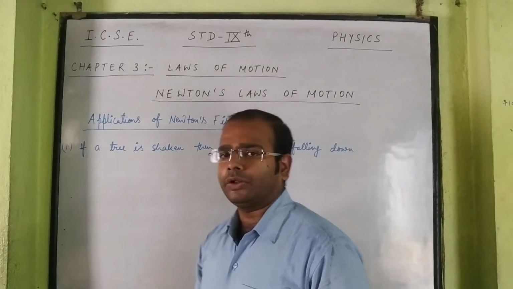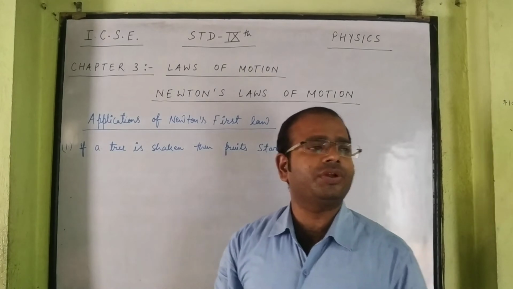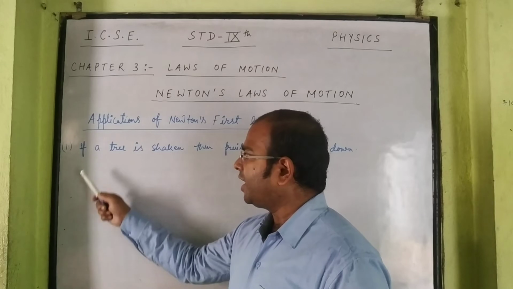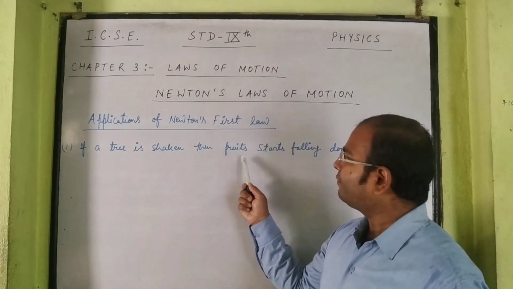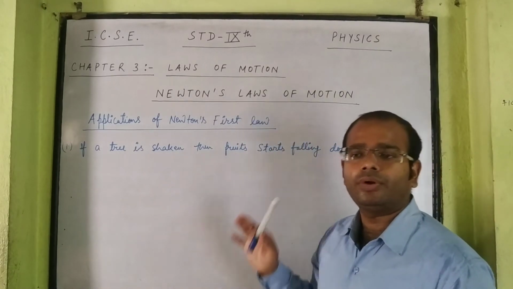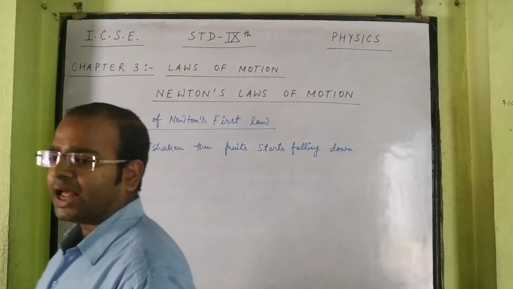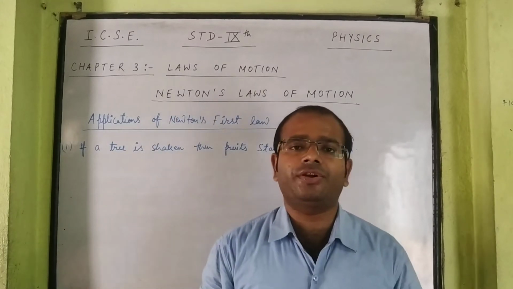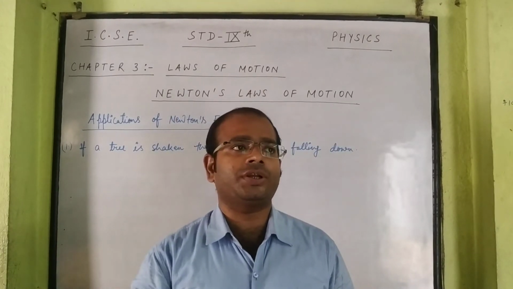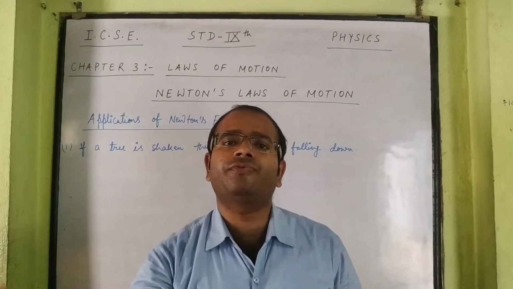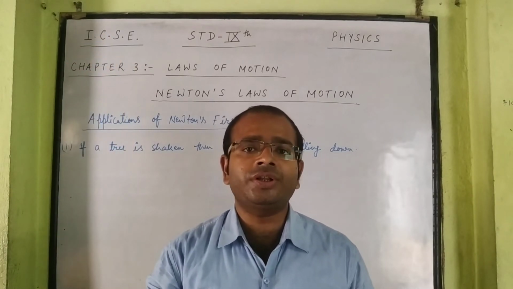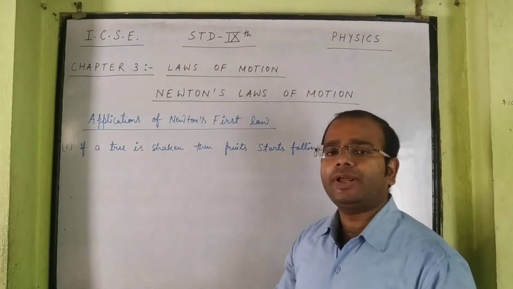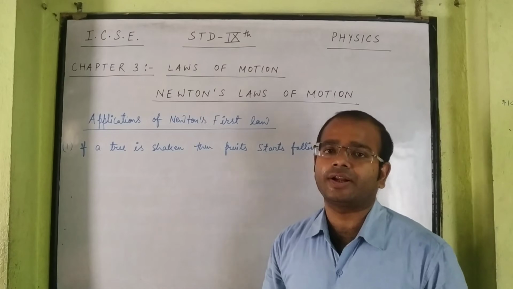So, the very first application of Newton's first law taken from our daily life is, if a tree is shaken, then fruits start falling down. Everyone has noticed that when we shake the branch of a tree, the fruits hanging on it start falling down. How does Newton's first law manifest itself in this application? Let us understand this.